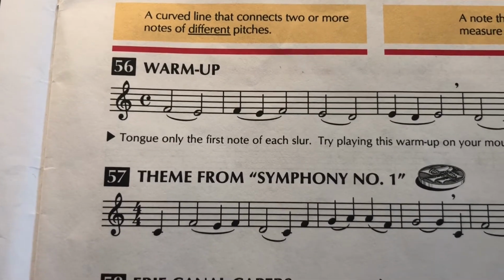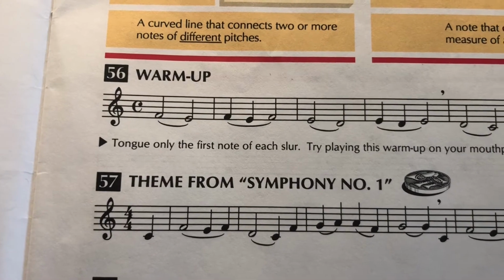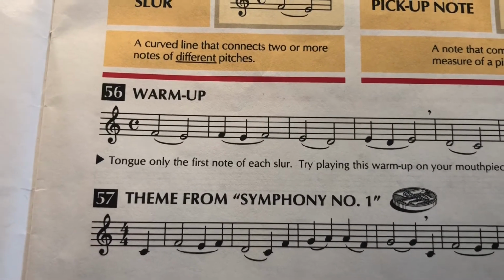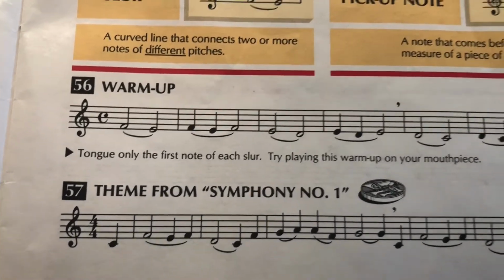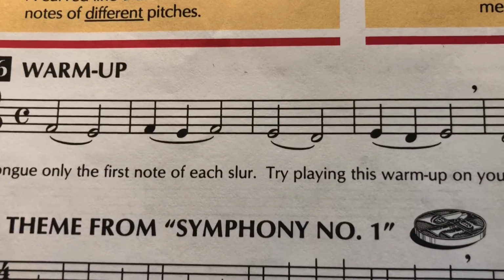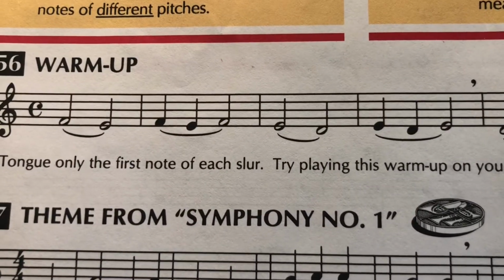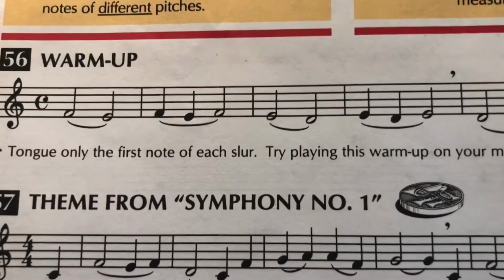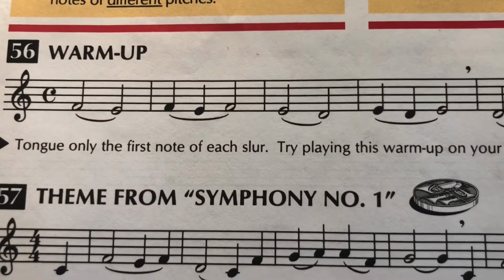Look at the second measure. It starts with a tongue on that first note, then you slur to the second one and slur to the third one. Look at that second measure right here. All of those notes were connected. They were not separate like this.